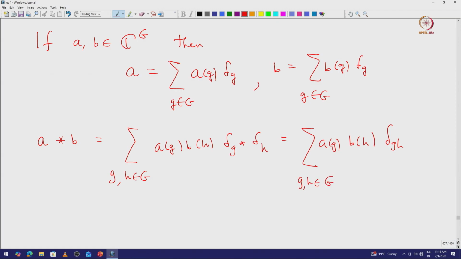Which tells us that indeed a star b is given by the summation over x in G.